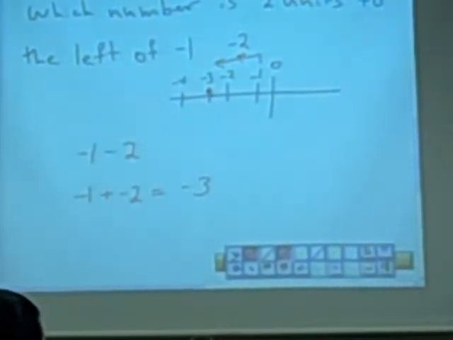Okay, problems 15 through 18. We want to use the following number line.